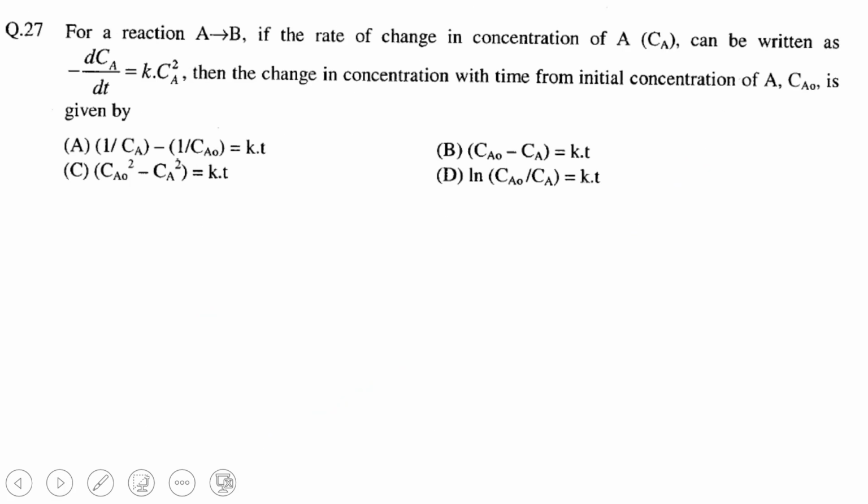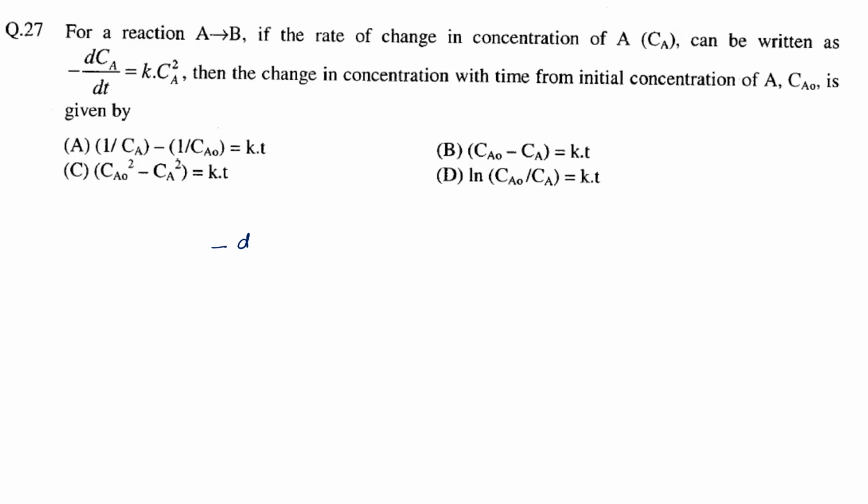Now question number 27. For a reaction A to B, if the rate of change in concentration of A, that is Ca, can be written as minus dCa by dt is equal to k Ca whole square, then the change in concentration with time from initial concentration of A, that is Ca naught, is given by, okay guys.